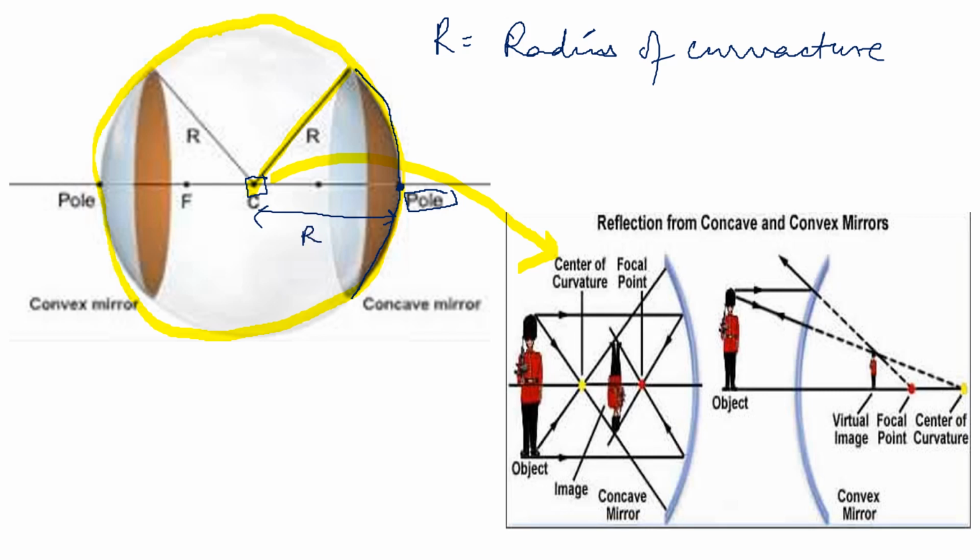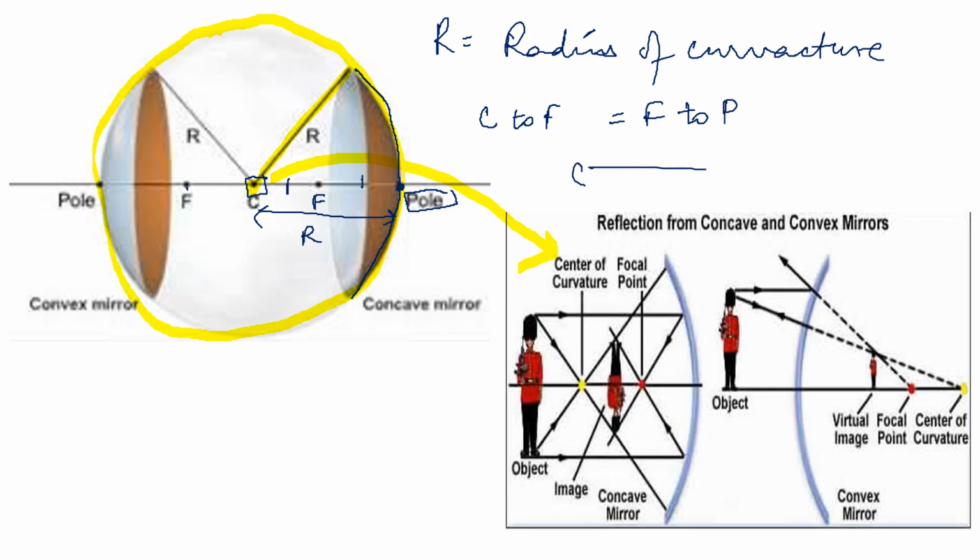Okay, now midway means this part and this part. This is f, this is also f, this is P, means C to F is equal to F to P, midway between.